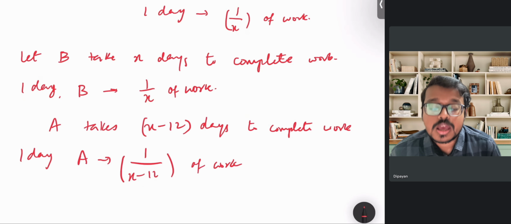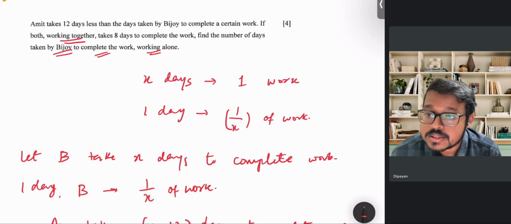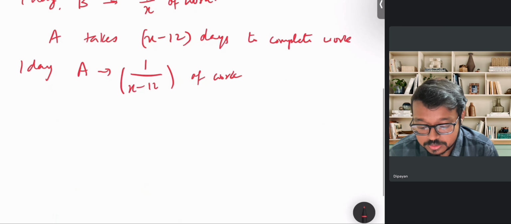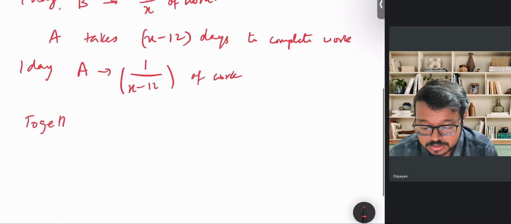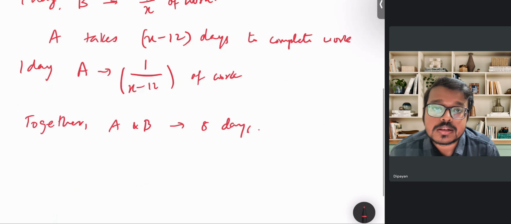Another thing is that if both of them were working together, then they will take 8 days to complete the work. So if I now write about them together, Amit and Bijoy will take 8 days to complete the work.